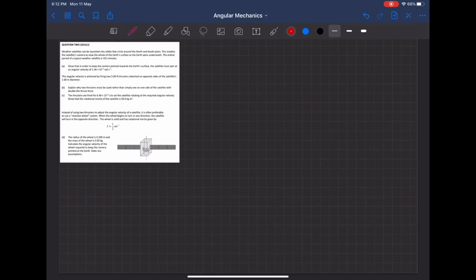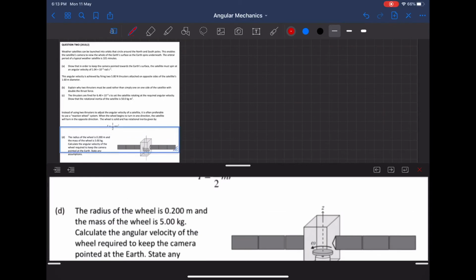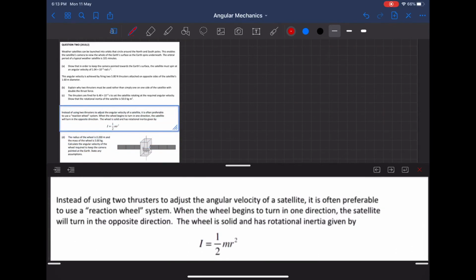So looking at question D, it says: instead of using two thrusters to adjust the angular velocity of a satellite, it is often preferable to use a reaction wheel system. Okay, reaction wheels being wheels that spin and use their rotational inertia to control the rotation of an object. When a wheel begins to turn in one direction, the satellite will turn in the opposite direction.